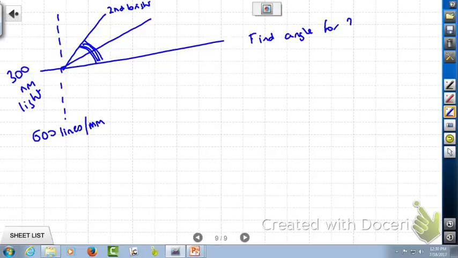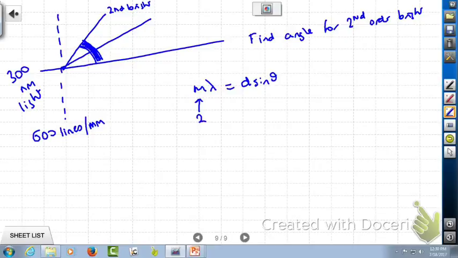For second order bright, m lambda equals d sine theta. What's m? Second order brightness. 2.